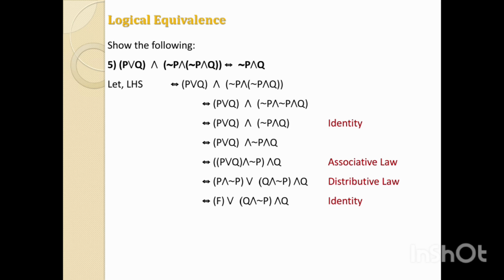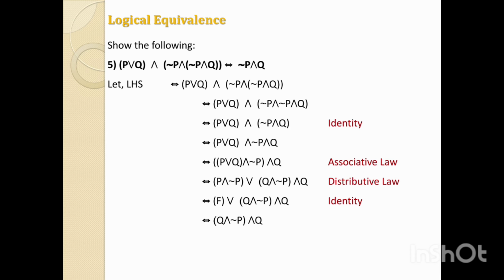That's why we make it false or Q and not P and Q. Now again using the identity law, F or P is logically equivalent to P. That's why F or these two terms is logically equivalent to these two terms. We can ignore the F. We have written Q and not P and Q.